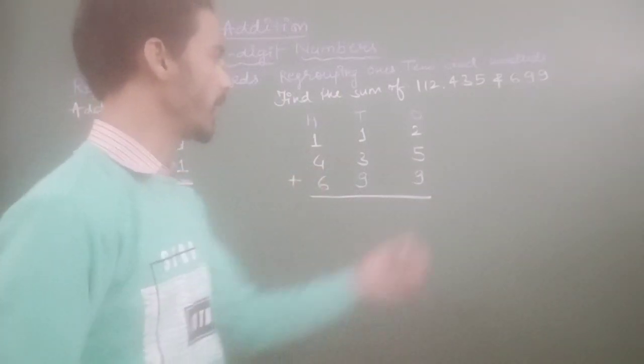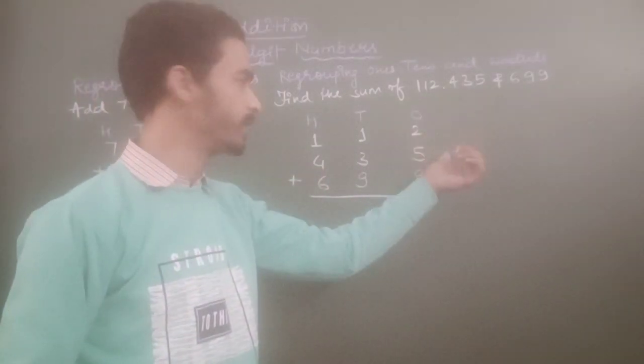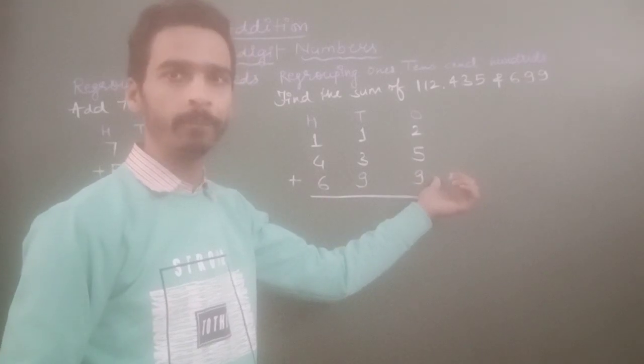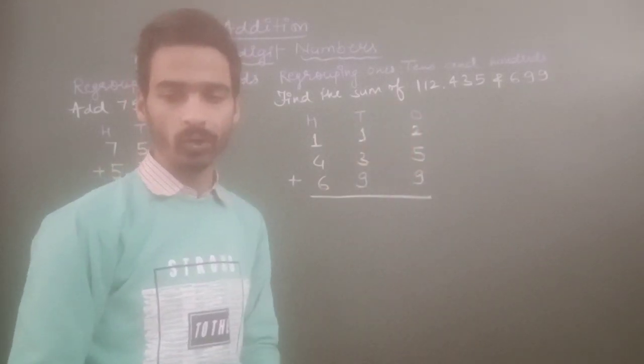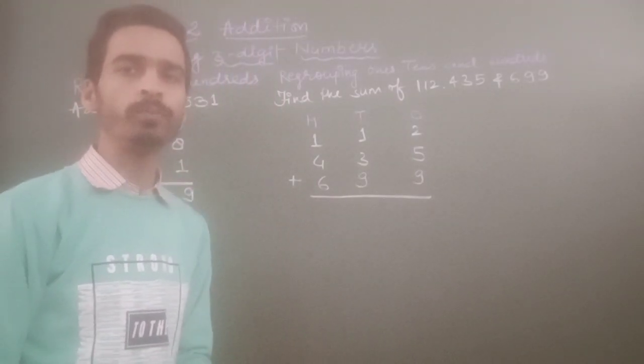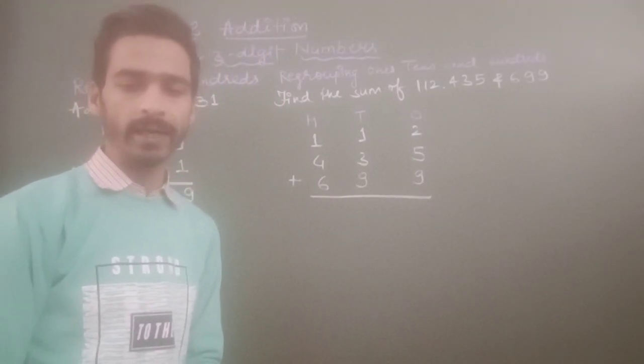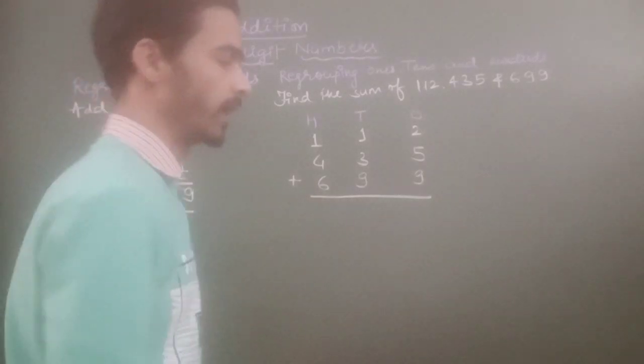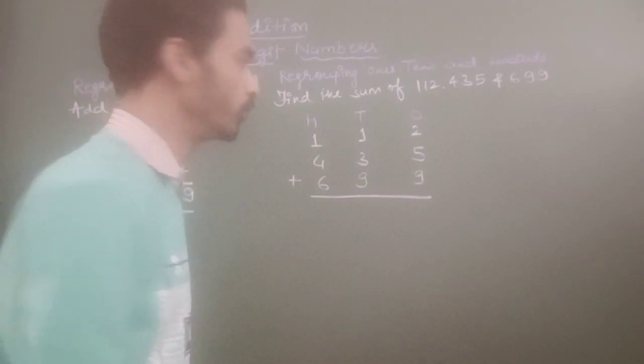In the first step, add the ones: 2 ones plus 5 ones is 7 ones, and 7 plus 9 is 16 ones. Regroup 16 ones into 1 ten and 6 ones, and carry over 1 ten to the tens column.